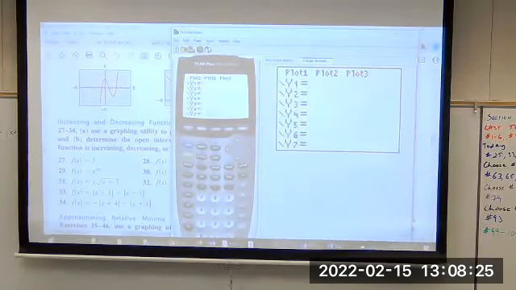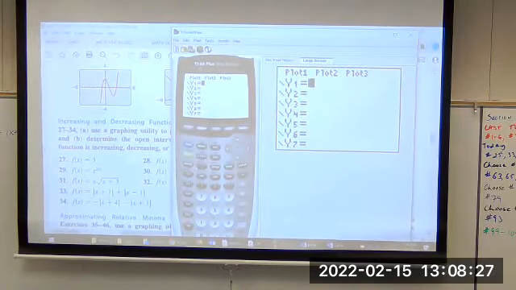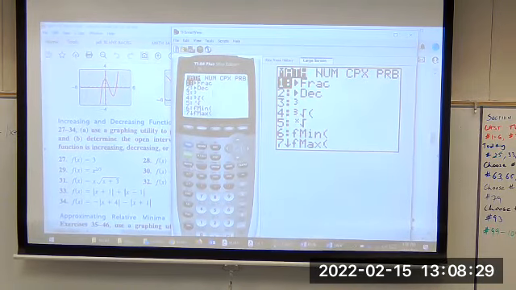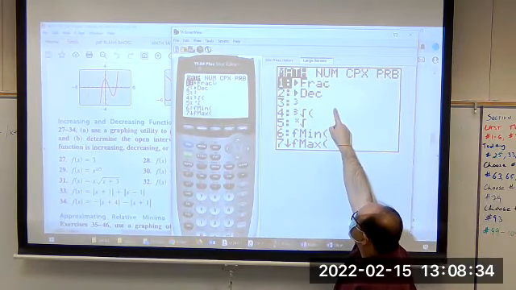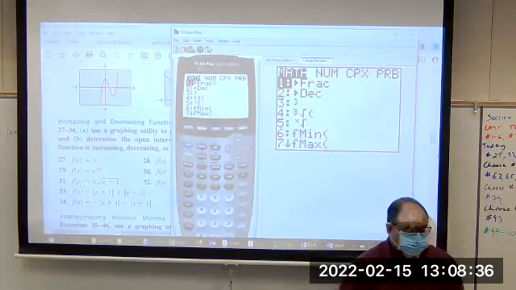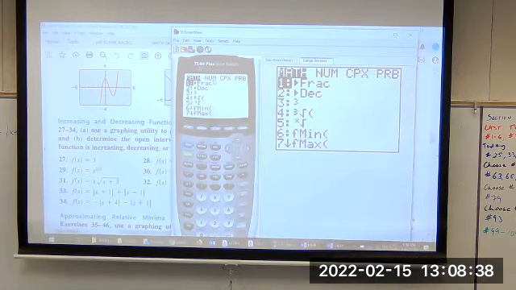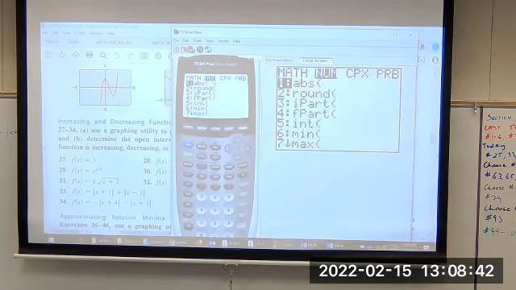The absolute value of x plus 1, so I go to the math button. And the absolute value is under num, for numbers. Number functions. So I'm going to scroll one to the right. And it's the first option, ABS, absolute value.